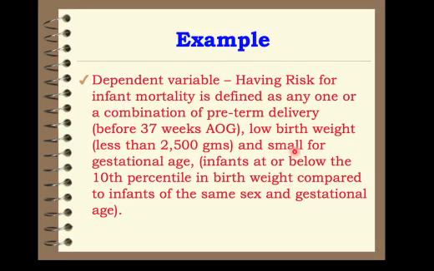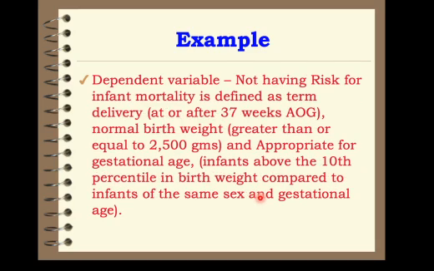So any one or a combination of these three, and then we say that the infant is having risk for infant mortality. Now, not having risk for infant mortality is defined as term pregnancy, that's normal, at or after 37 weeks, normal birth weight greater than 2,500 grams, and appropriate, which is also normal, for gestational age infants above the 10th percentile.